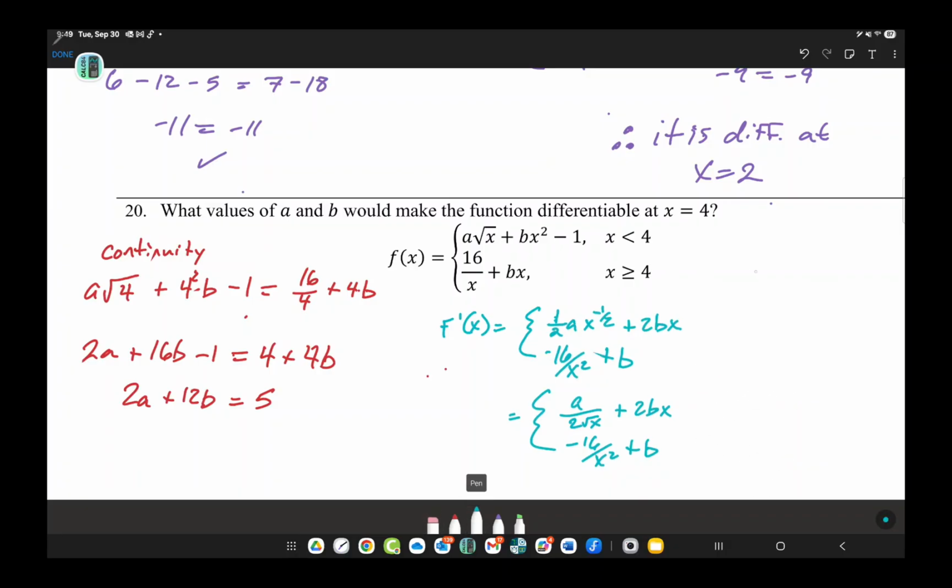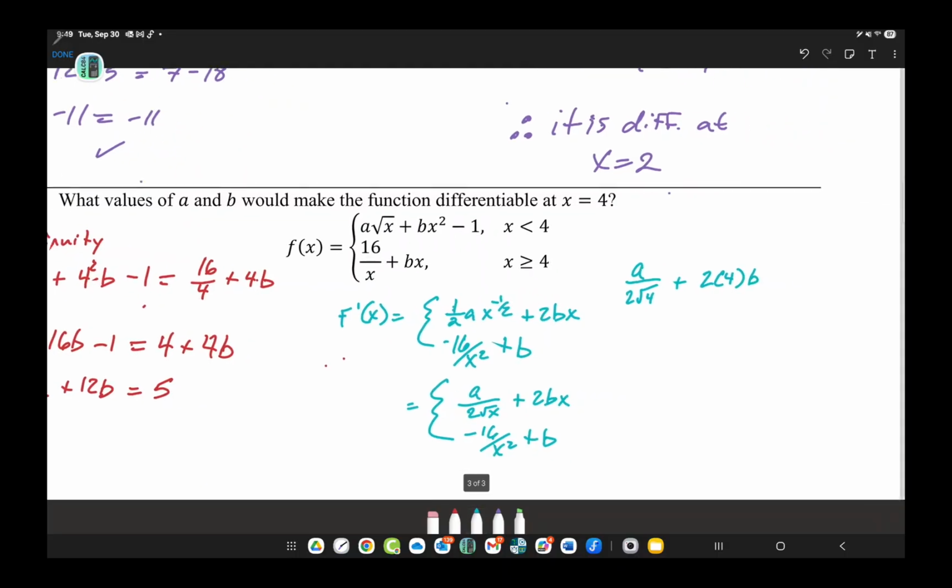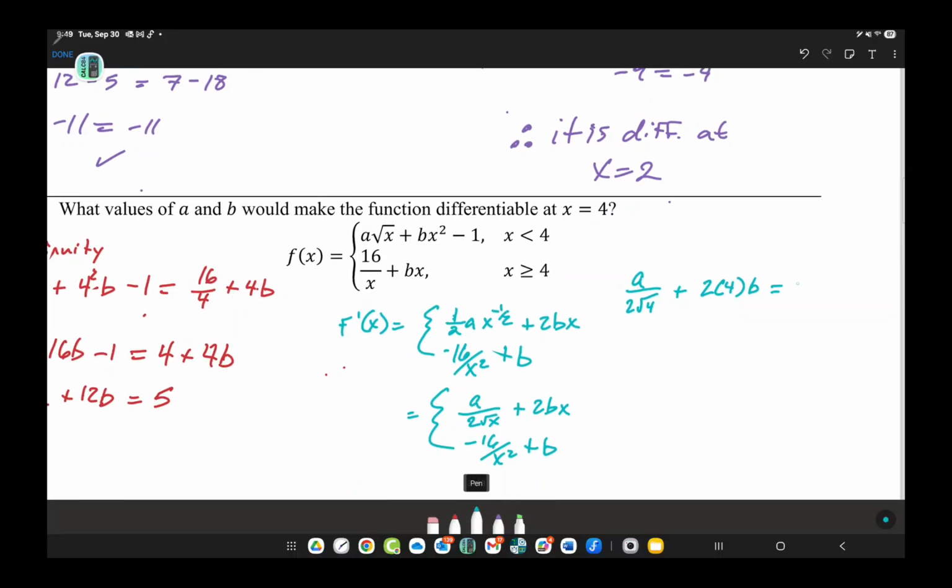So checking for differentiability, that means a over 2 square root of 4 plus 2 times 4 times b needs to equal negative 16 over 4 squared plus b.